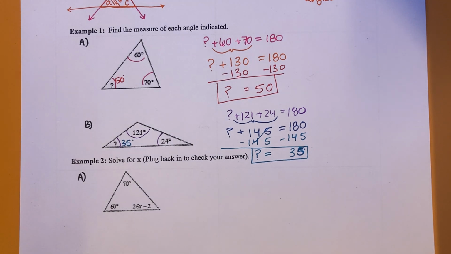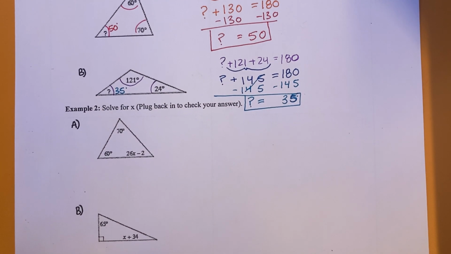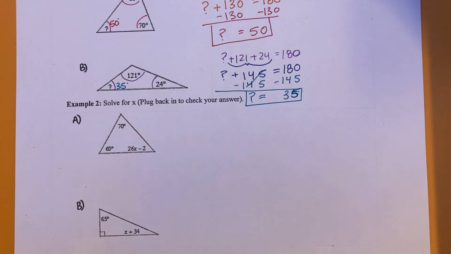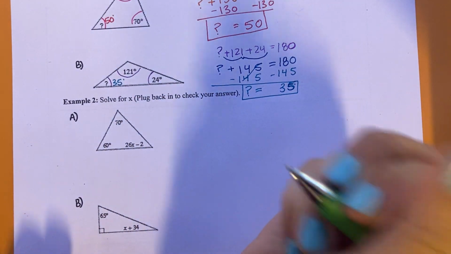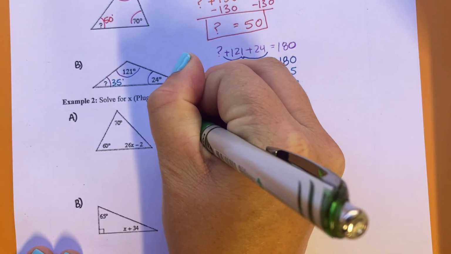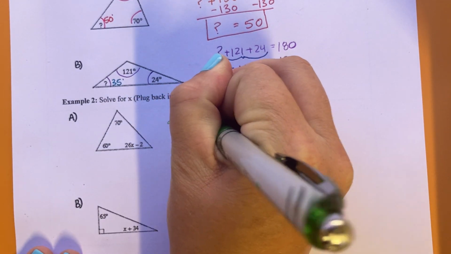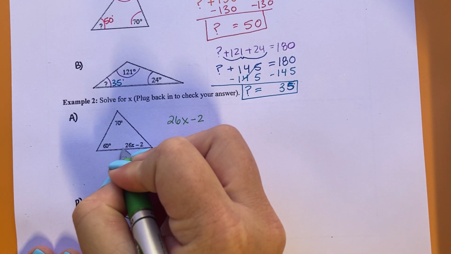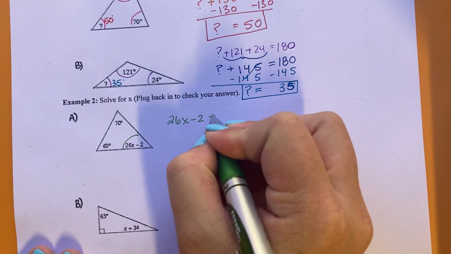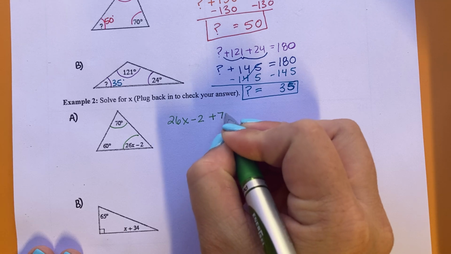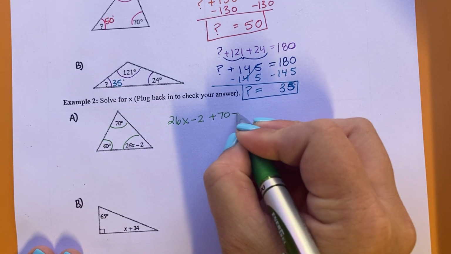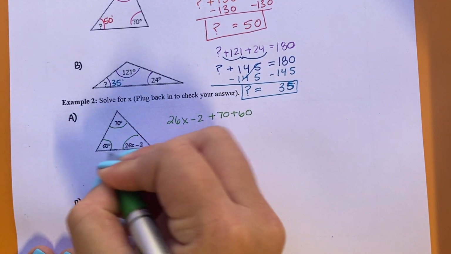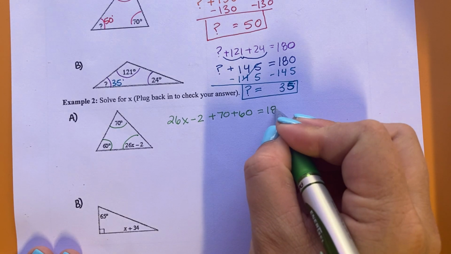What happens if we have an x? So when I have an x in here, I'm going to write 26x minus 2, just copying this, positive 70, positive 60. All three interior angles add up to 180.